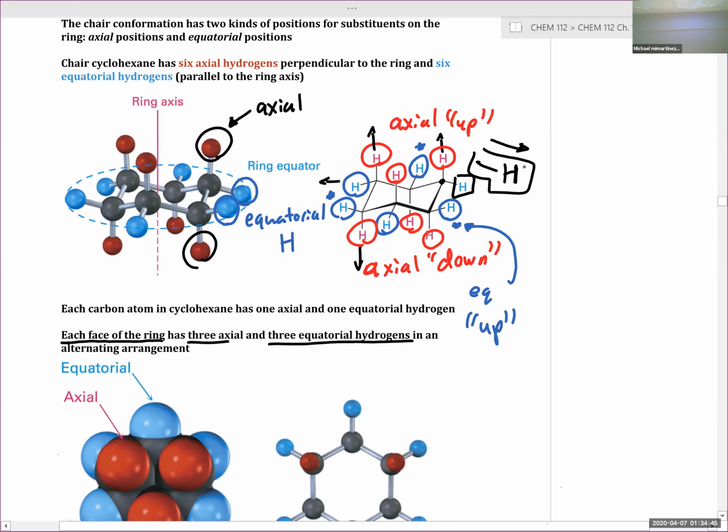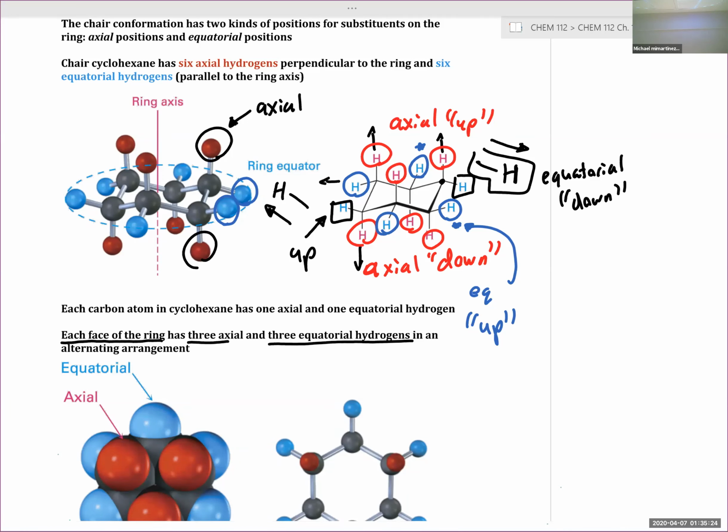Does it look like it's going up or down? Yep, exactly right. So then we can clearly see that this equatorial hydrogen is equatorial, pointing down. Likewise, if we look at this equatorial hydrogen, we have an axial hydrogen pointing down, so this equatorial hydrogen is pointing up. We can see that if we look at our carbon-hydrogen bond, the bond is angled up.